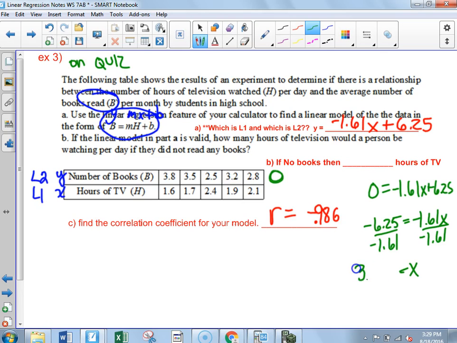Is it like 3.5 or 3.4? 3.8? So roughly 3.8 hours of TV for a person who didn't read any books, according to our equation.